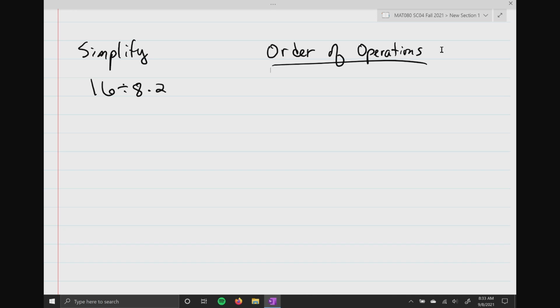And it says right here, it's good that my dear goes together, as it reminds us multiplication and division have equal priority. We do not always do multiplication before division or always do division before multiplication. We do them in the order in which they appear from left to right.